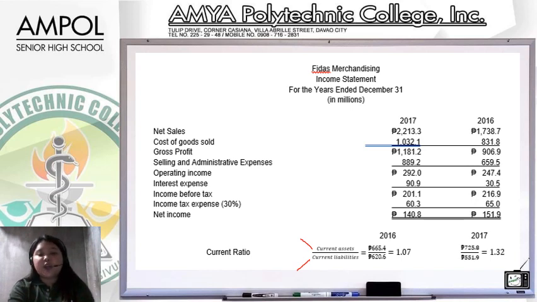So the current ratio is 1.07 for 2016. For 2017, the current assets are 725,008 pesos, and the current liabilities are 551,009 pesos. So the current ratio for 2017 is 1.32.